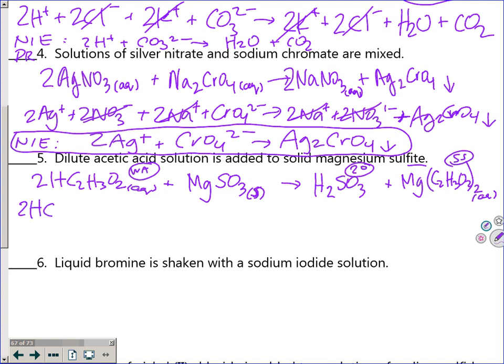2 acetic acids, because it's weak, I'm not touching it. This one I write as is, because it's a solid, and I can't ionize it. It has to be in solution for it to ionize. This is that secondary breakdown, which is what? H2O and SO2.